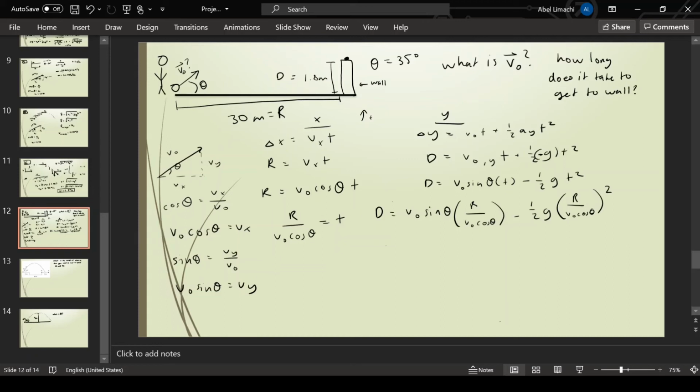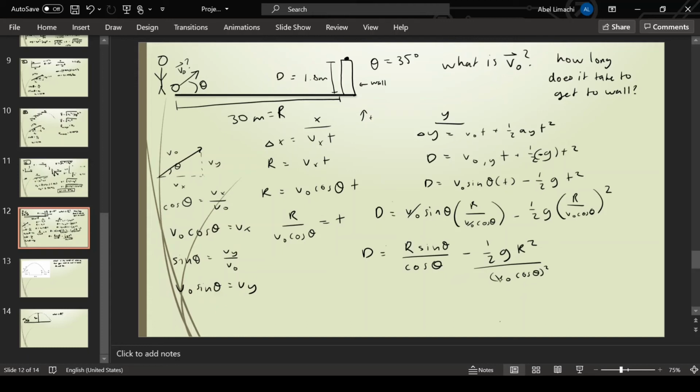What we can figure out right here is that this v initial cancels. This one doesn't. So we rewrite d is equal to r sine theta over cosine theta minus 1/2 g r squared over v initial cosine theta squared.